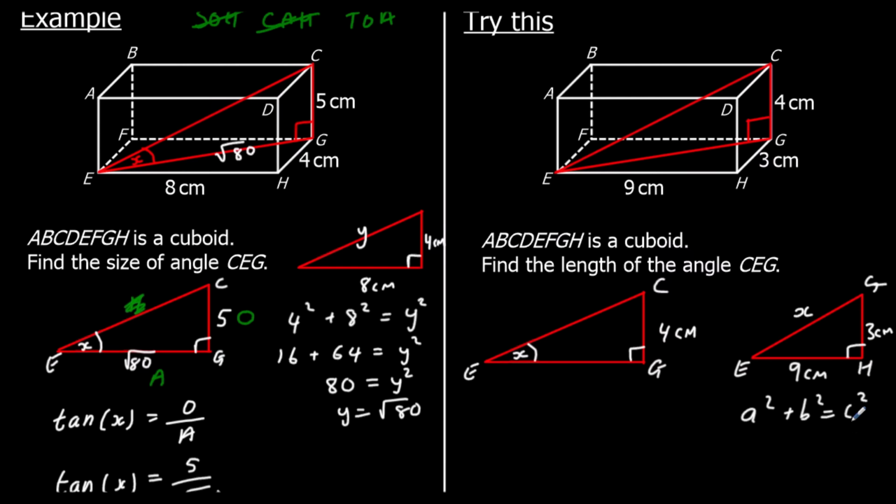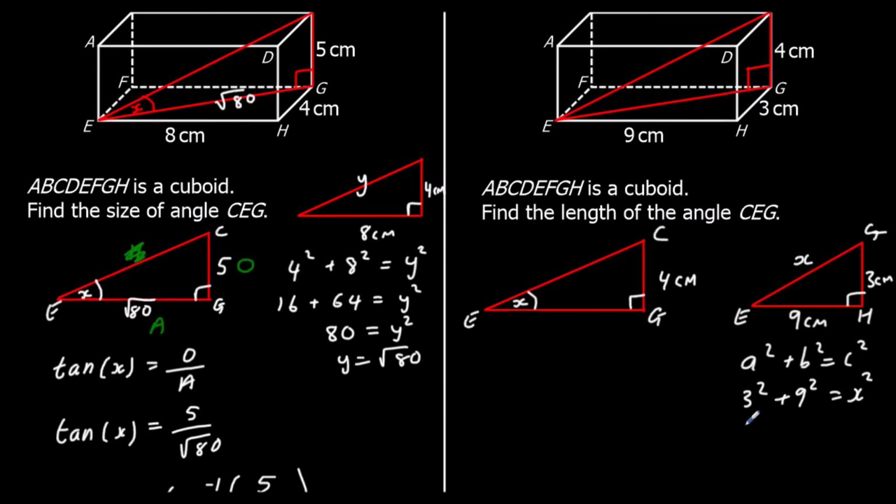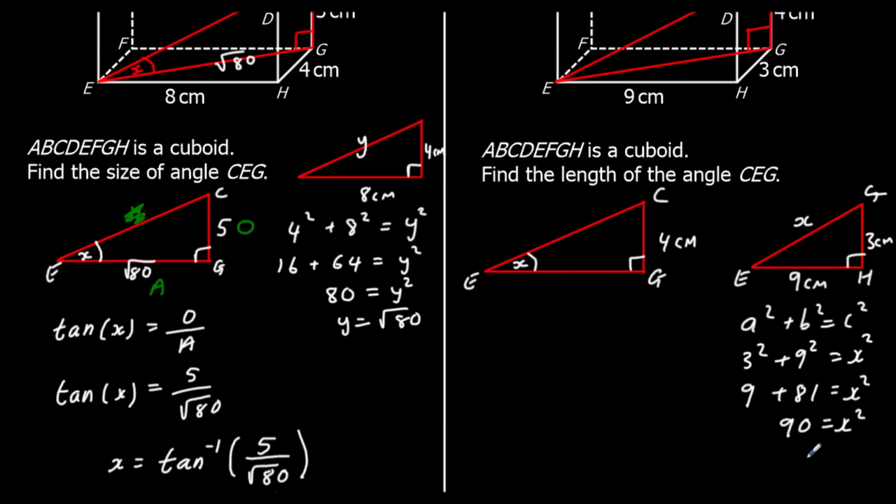So c is always the hypotenuse. 3 squared plus 9 squared is equal to x squared. 3 squared is 9. 9 squared is 81. So 9 and 81 make 90. So our length must be the square root of 90. So E to G is root 90.